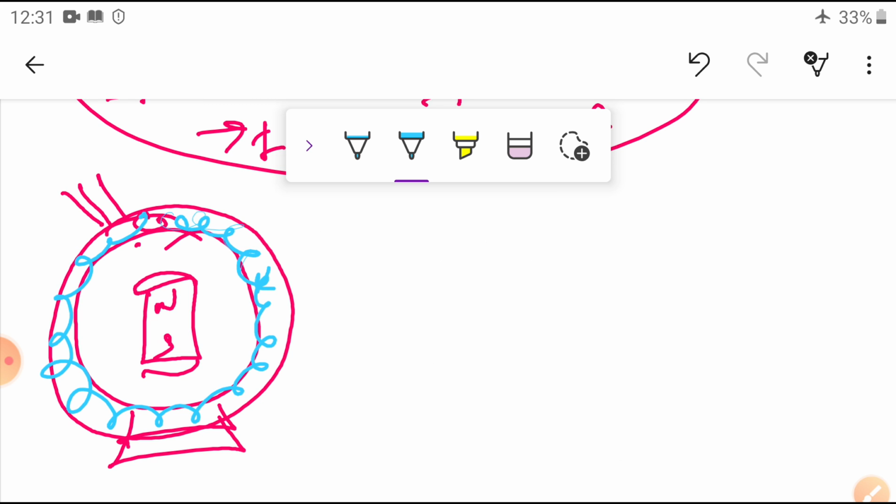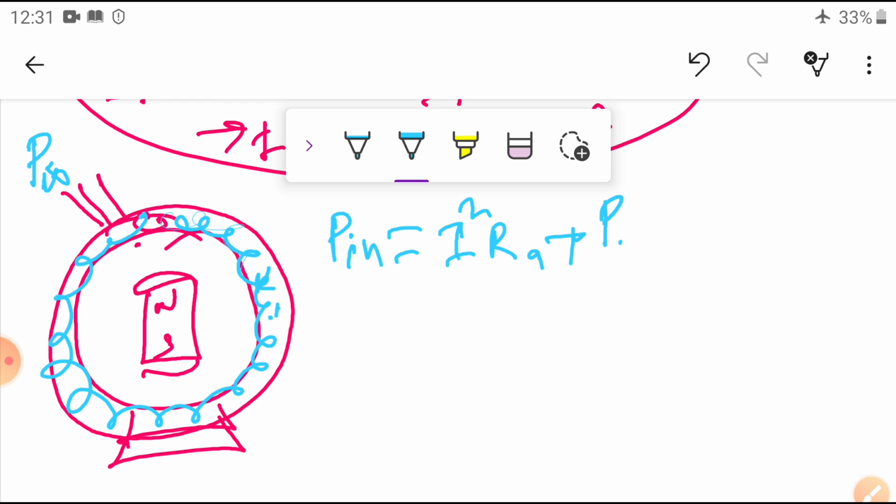So input power P input is given to the motor, and the current flows through the copper winding. So there are I square R copper losses.